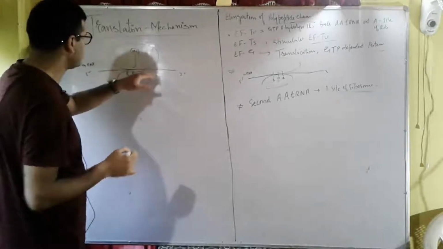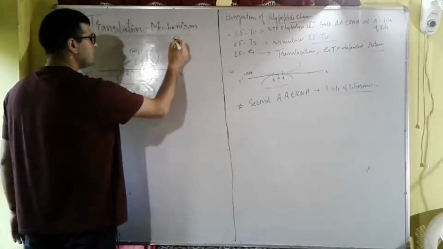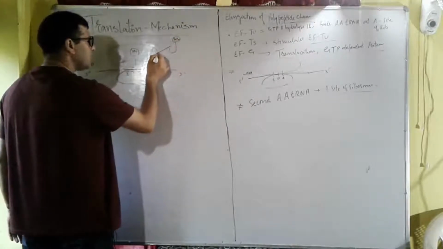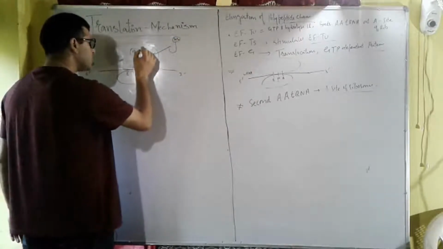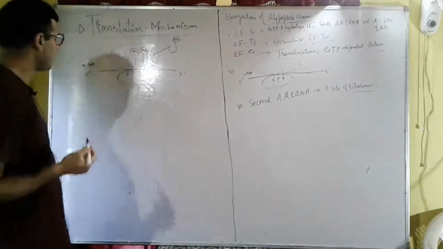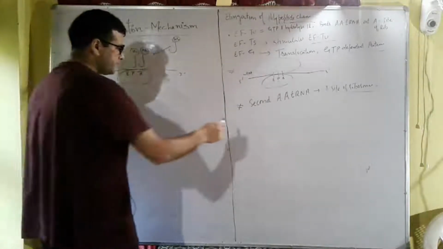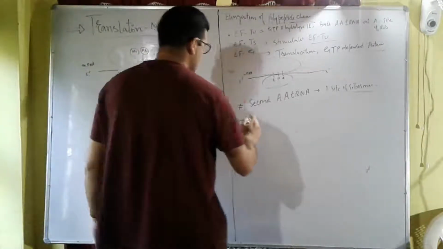Now the second charged tRNA will arrive at the A site, carrying the second amino acid. Now what will happen? There will be a translocation.